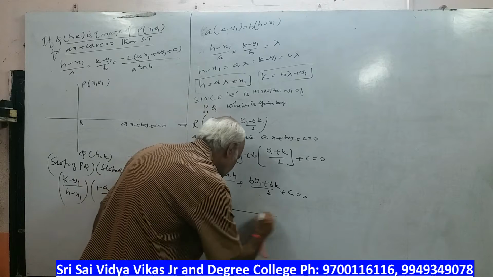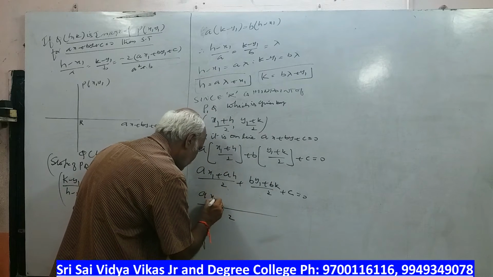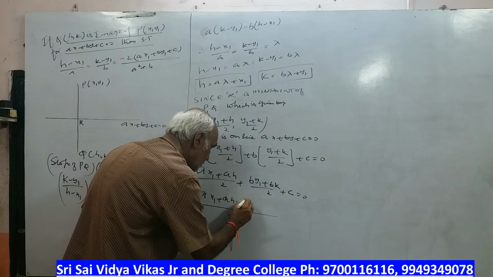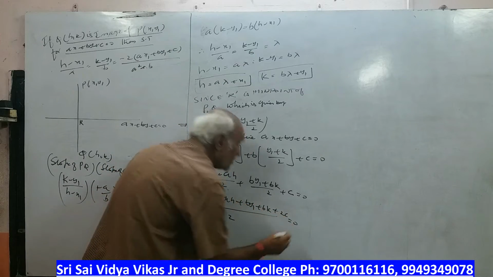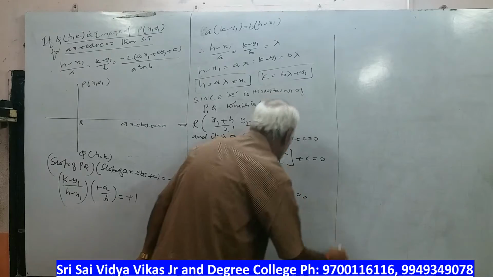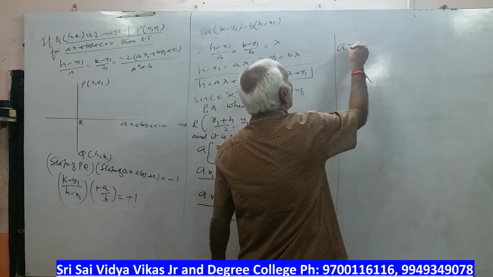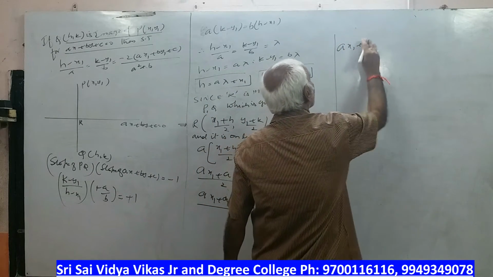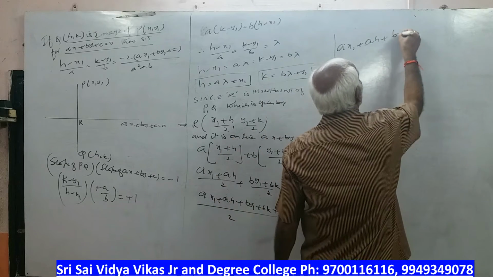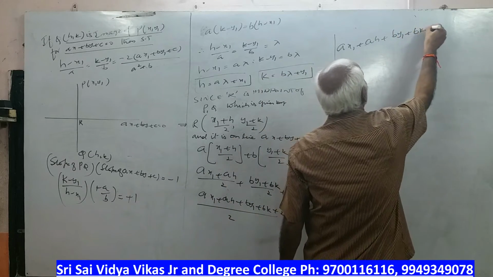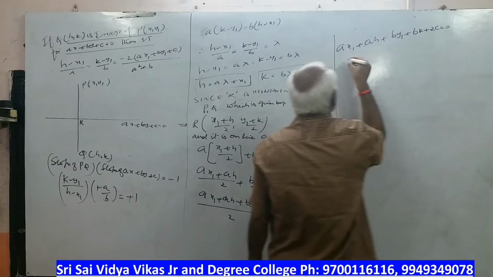LCM is 2. So ax1 plus ah plus by1 plus bk plus 2c is equal to 0.